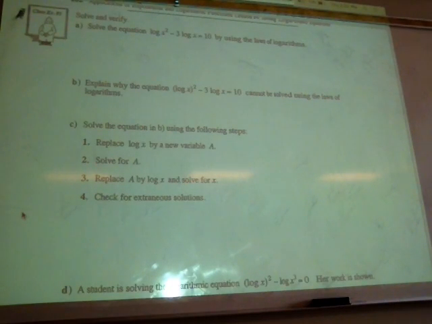So you want to make sure they're in the same form before you do anything. Hint, you're going to use the power law on one of the logs. The way you choose does not matter.